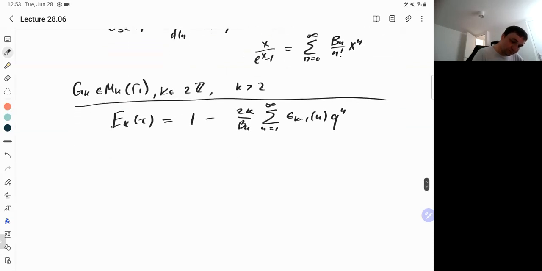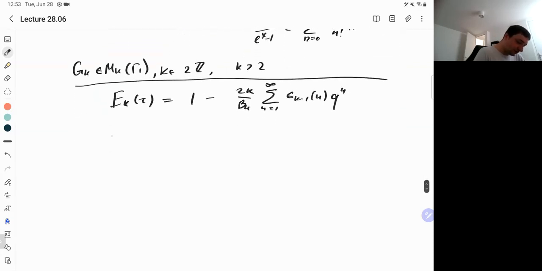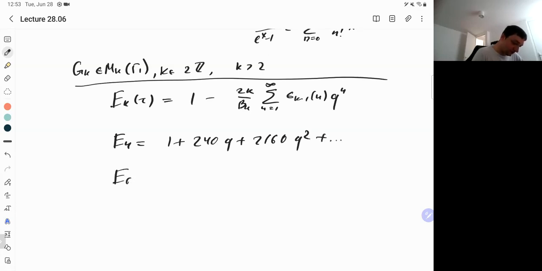So these are the E4 and E6 that I mentioned in the structure theorem above. E4 has a Fourier expansion starting with these numbers, and E6 is, let me make sure I do it correctly, it's 16.